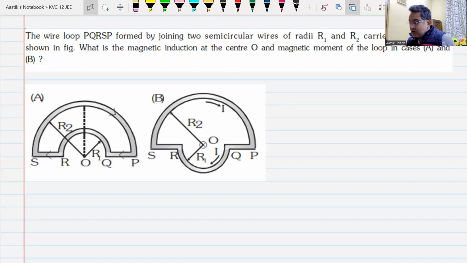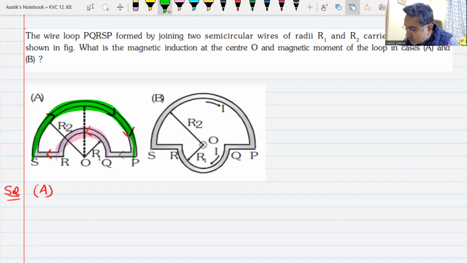Let us first solve it for case A. For case A, the current in the wire is like this, as you can see. The magnetic field due to the pink wire will be coming out, and the magnetic field due to the green wire will be going in. And the magnetic field due to the pink wire, since the radius is small, will be more.